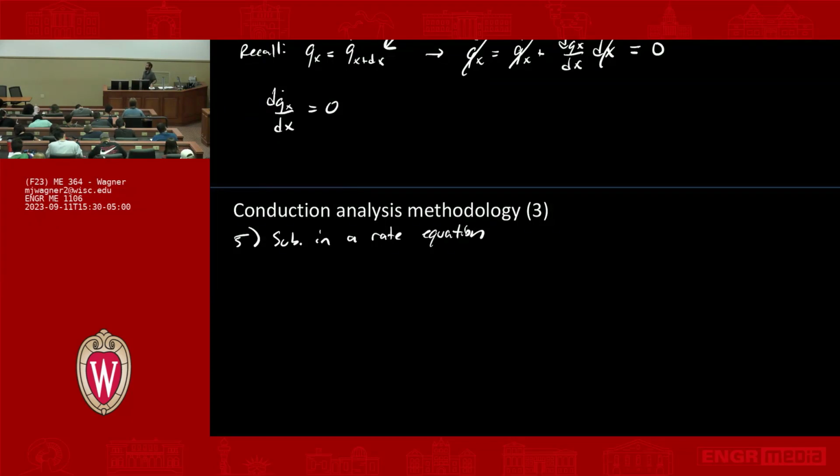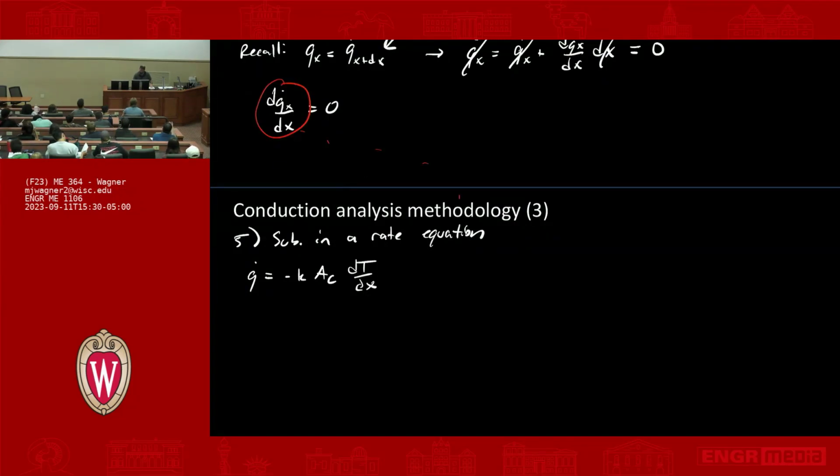Which rate equation will we substitute? Fourier's law. Fourier's law, again, for about the 20th time, is q dot is equal to minus k AC dT dx. Be careful at this point that AC is a constant or k is a constant or whatever, that you're accounting for that. But now let's just substitute that in to this.